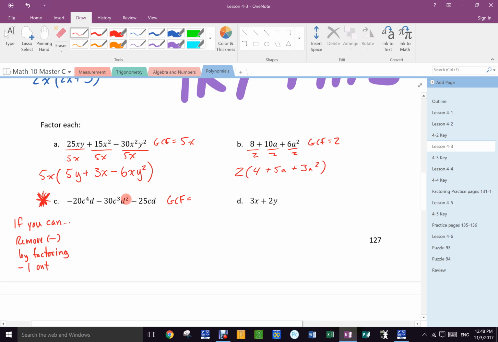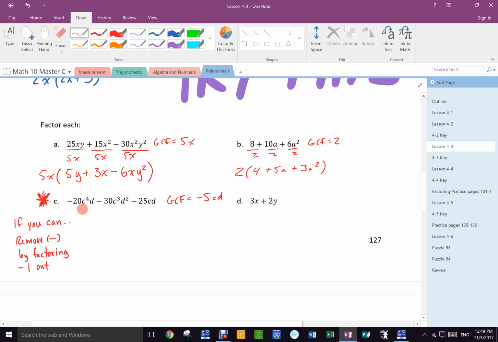So the first thing we do is we would take that negative out. All right? So we are allowed, in this case only, when they're all negative, our GCF is going to be -5CD. Nothing else changes. C, no, because there's only one C and one D. Everybody cool? That's what the star is.